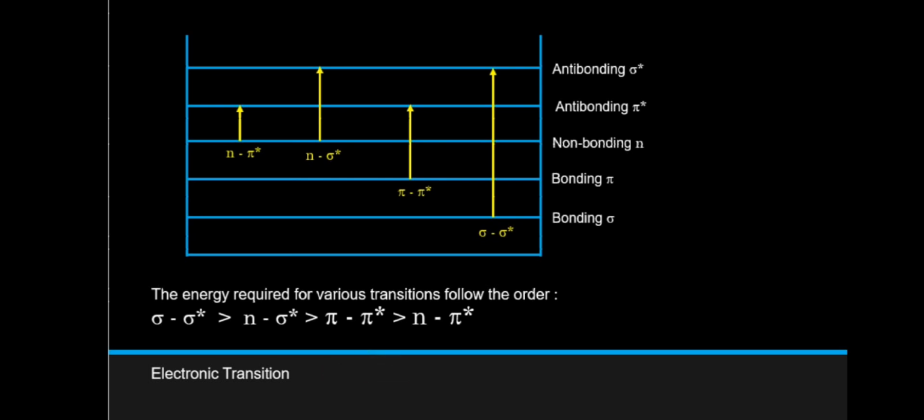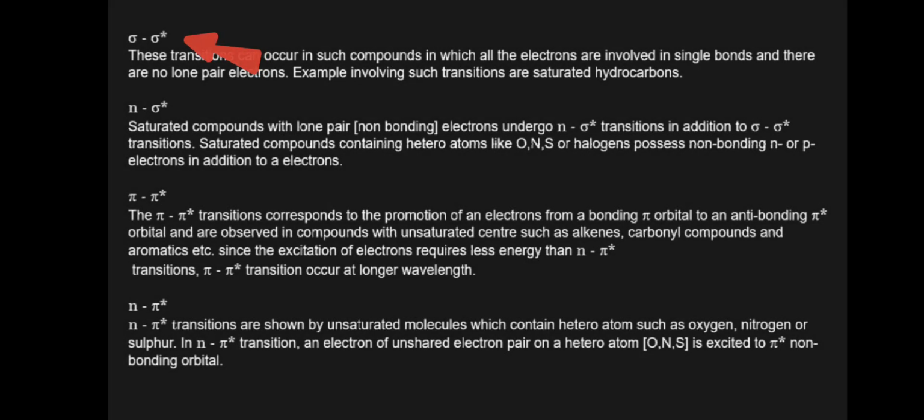The energy required for various transitions follows the order sigma to sigma star, n to sigma star, pi to pi star and n to pi star. First, sigma to sigma star. These transitions can occur in compounds in which all the electrons are involved in single bonds and there are no lone pairs of electrons.